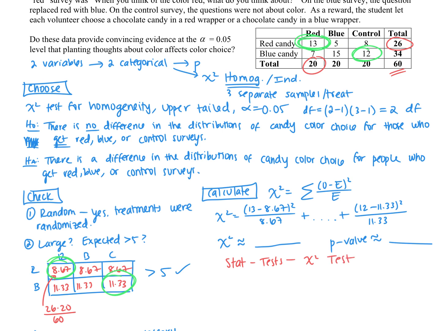And what I want us to do is look at what information the calculator needs. Do you see that when you went to chi-square test, it says observed and expected? You guys with me? Mine looks like this, and I would bet yours says the same.